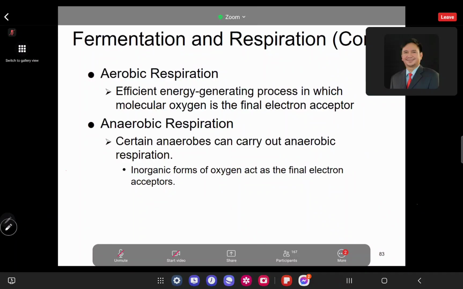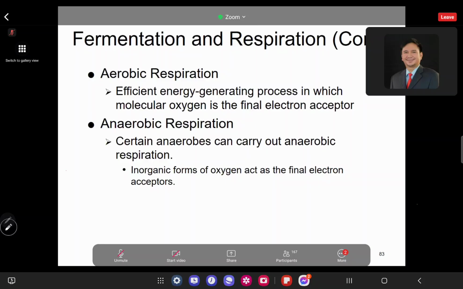So now, ladies and gentlemen, let's continue exploring the two types of respiration, aerobic respiration and anaerobic respiration. Aerobic respiration is the most efficient energy-yielding process.